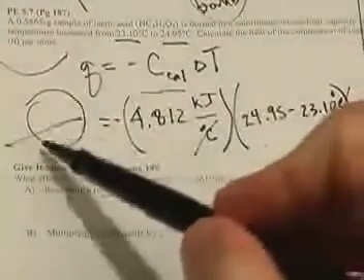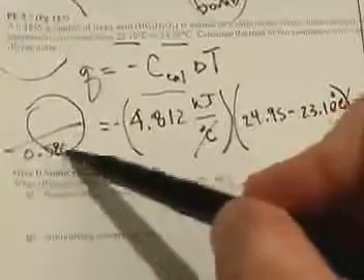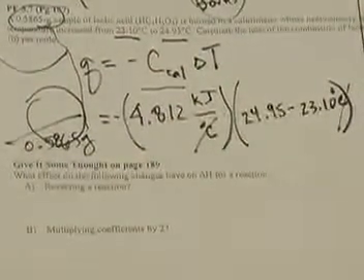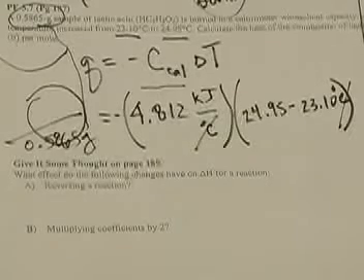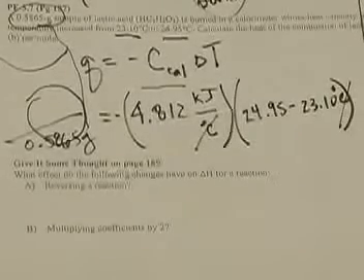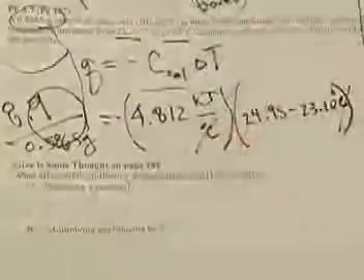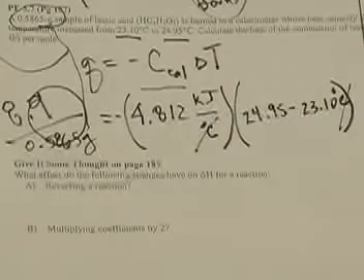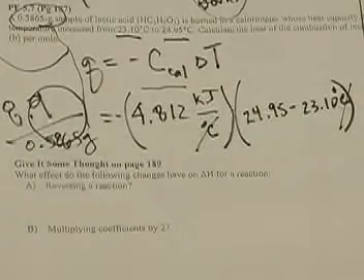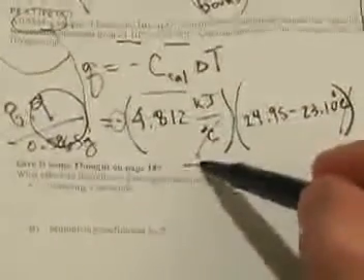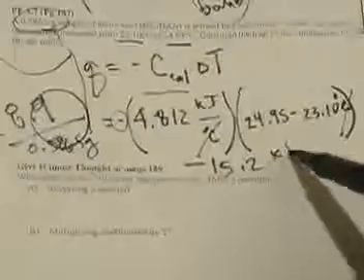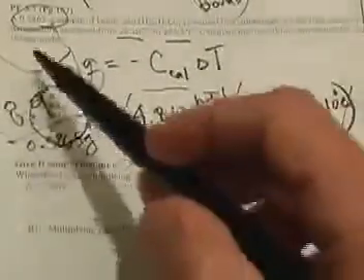So I'll take this number and divide it by 0.5865 grams, which is the amount of my sample right here, to get my amount in kilojoules per gram. 4.812 times my change in temperature, 24.95 minus 23.1, should give me approximately 8.9, and then I take that number and divide it by 0.5865, and I end up with a heat capacity, notice the negative sign right here, so it's going to be negative, of about negative 15.2 kilojoules per gram.